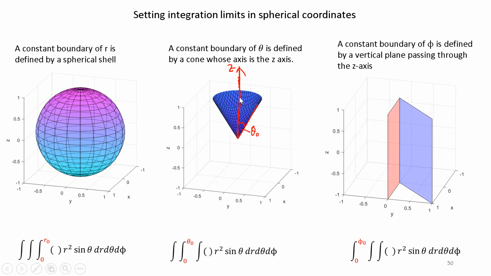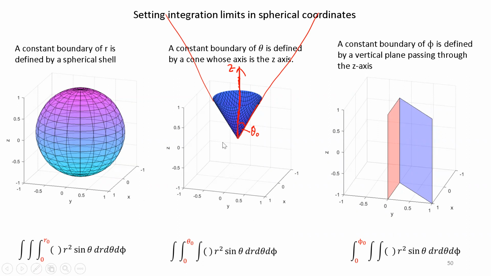But notice that this cone actually extends to infinity, because at this step I did not specify anything about the R. The way that we specify R is over here.